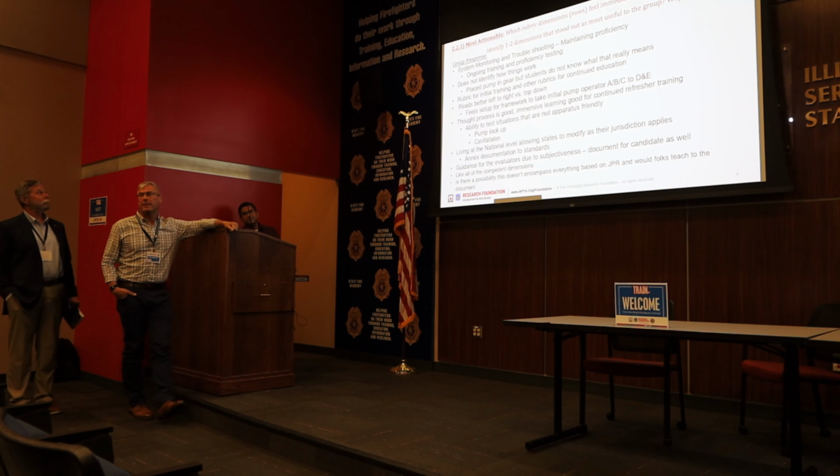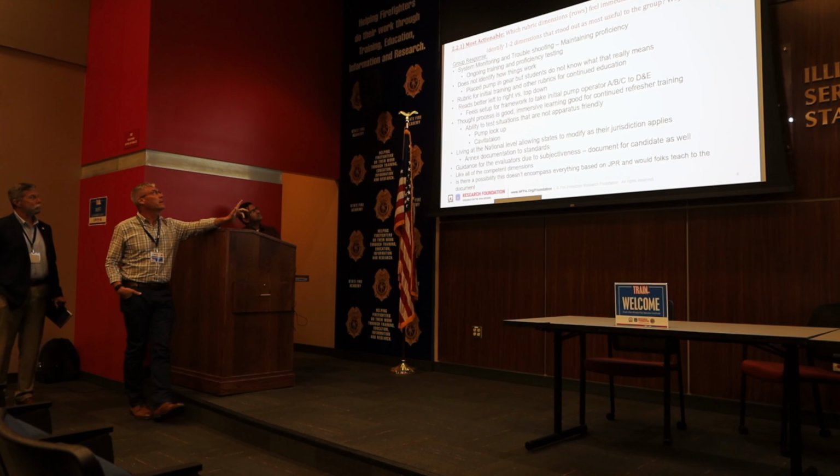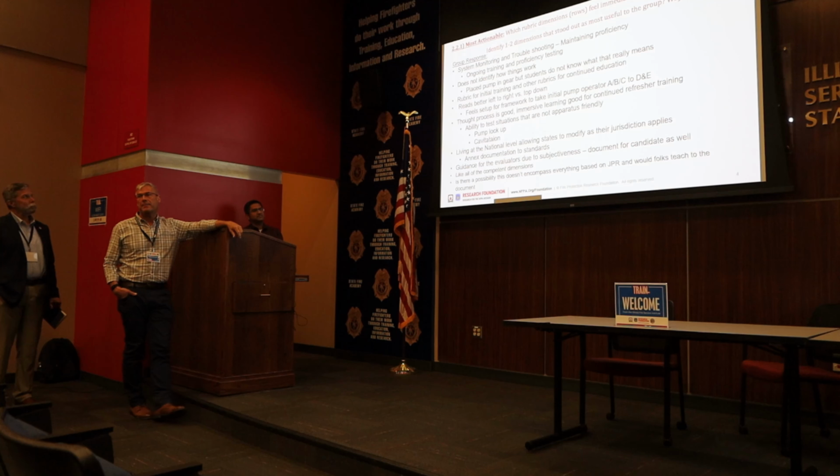So, we had a lot of conversation, as you see here, we captured quite a few notes, but I would say system monitoring and troubleshooting was one of the items that percolated to the top. And one thing with the rubric is how do you gauge maintaining proficiency?